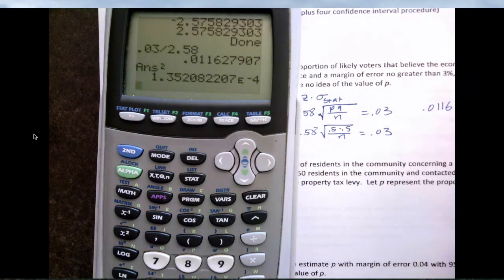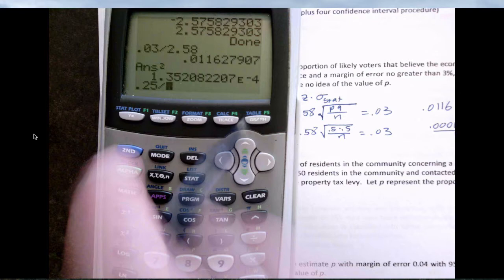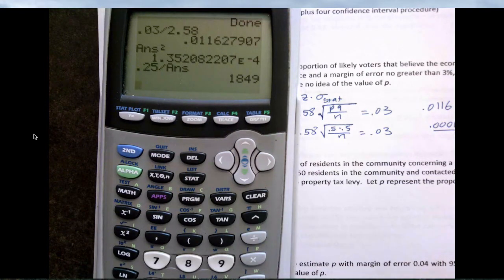I've got a really small number, 0.000135. I usually put it over 1 because I know I'm going to cross multiply and divide here. So I'm going to take 0.25 and divide by that number, and end up at 1,849.